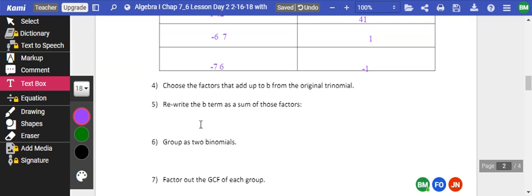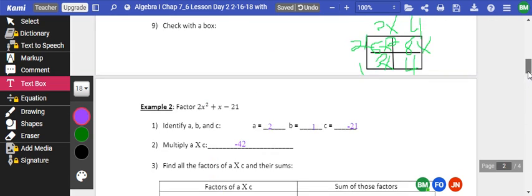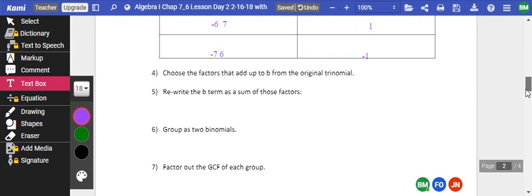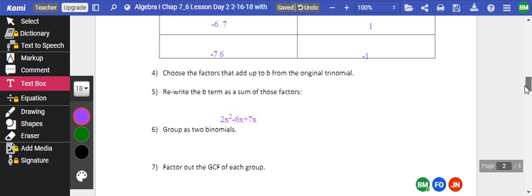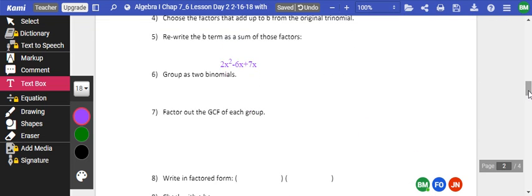I'm going to rewrite this with those terms. I've got 2x squared minus 6x plus 7x, and then it is negative 21.